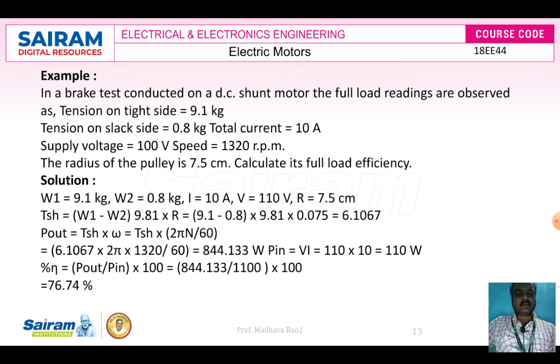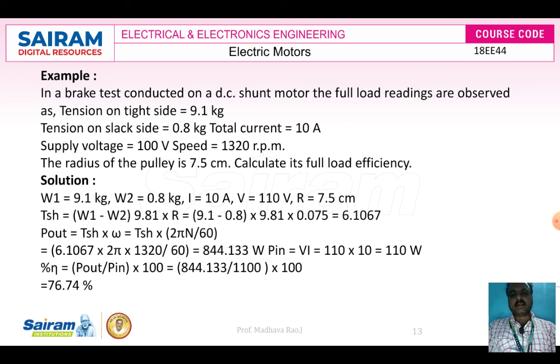The total current is equal to 10 amperes. So W1 and W2 values are given and IL is given. Supply voltage V is equal to 100 volts, speed is 1320 rpm, and the radius of the pulley is 7.5 centimeters. Calculate its full load efficiency.